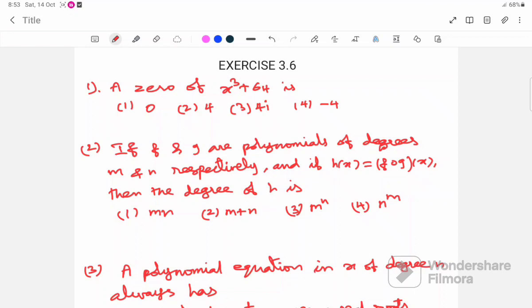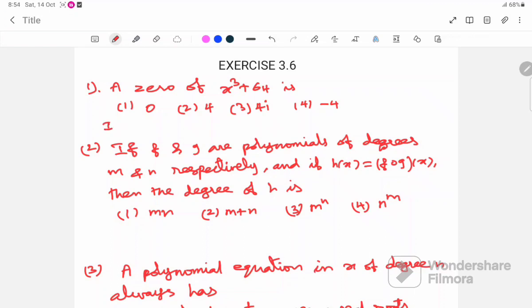MCQ questions. Question number 1. The zero of x cube plus 64 is: first option 0, second option 4, third option 4i, fourth option minus 4. Among the options, just consider the first option. This 0 will not make it 0. A positive number will not make it 0. I consider the fourth option.